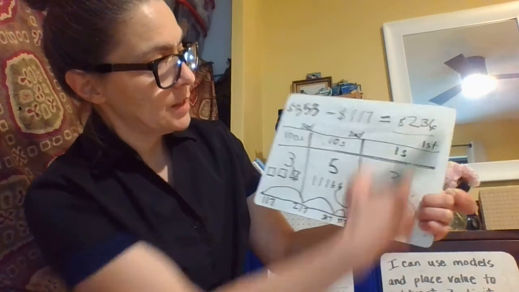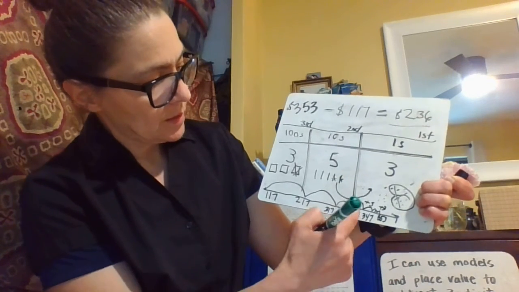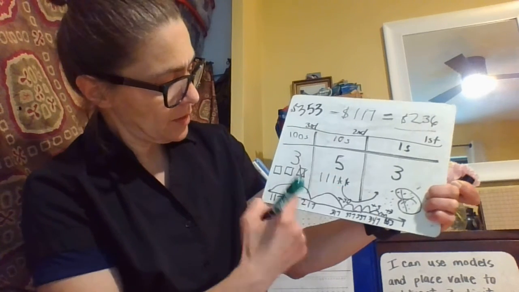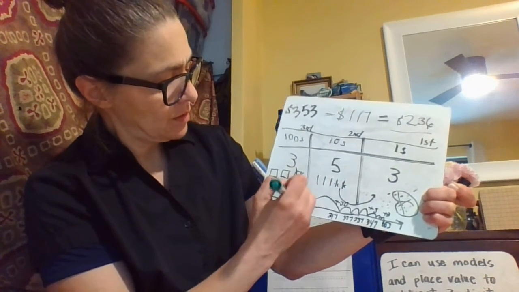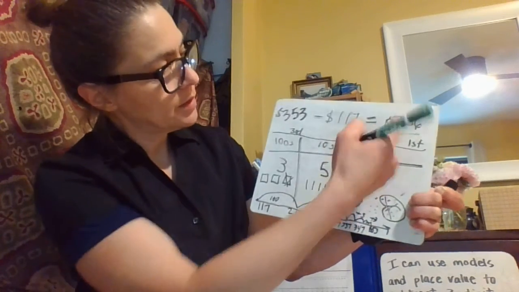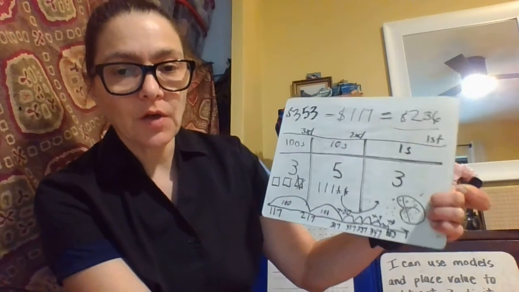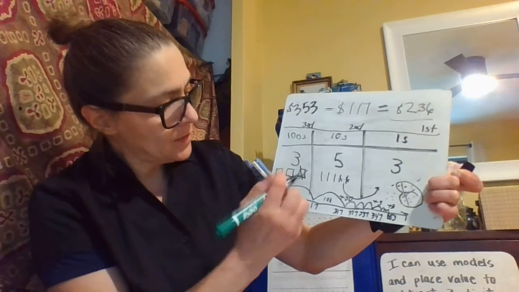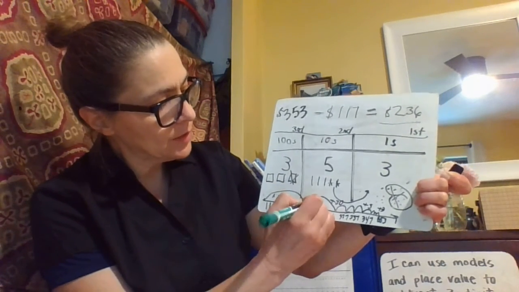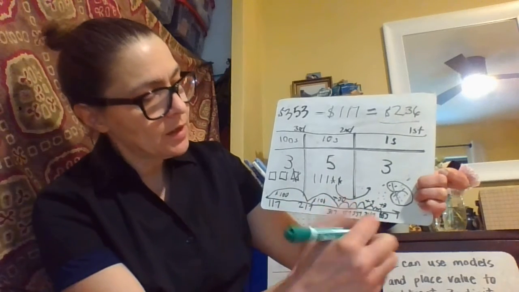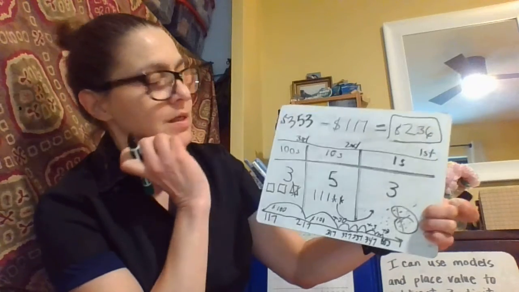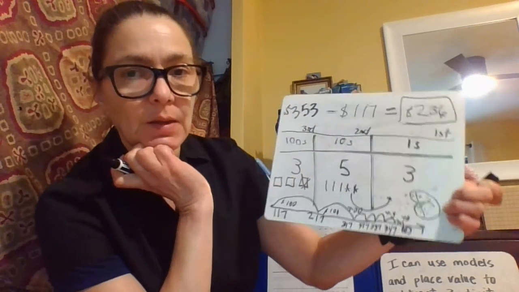And 3 plus 3 is 6. 10, 20, 30. 3 tens is 30, and 100 and 200 equals that. So we double checked our work with the number line. We added them all up, 100, 200, 30, 6. And we got the same answer we did when we used base 10 block models.